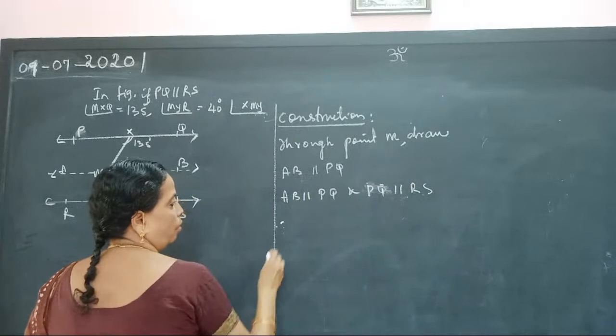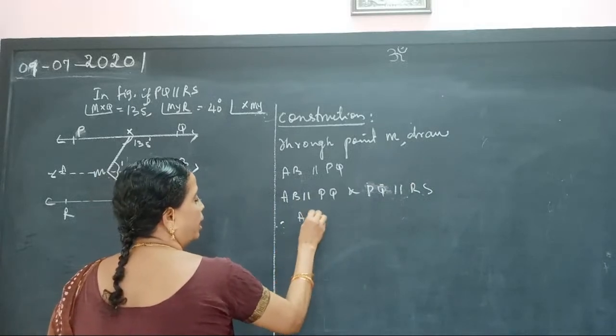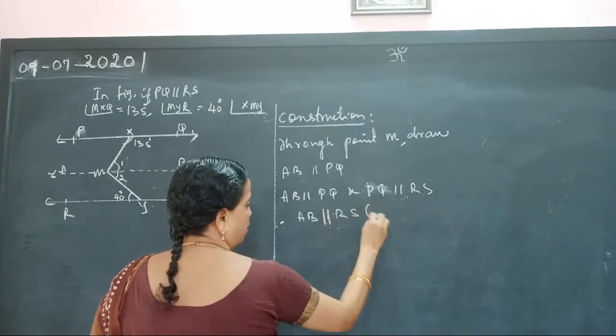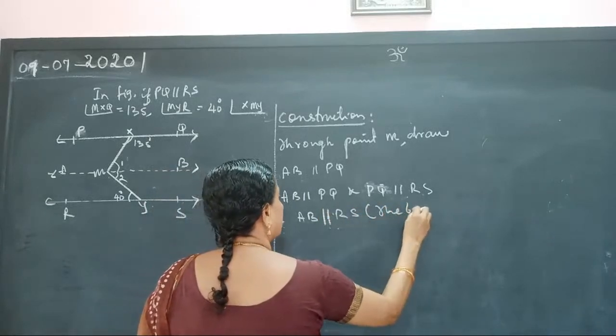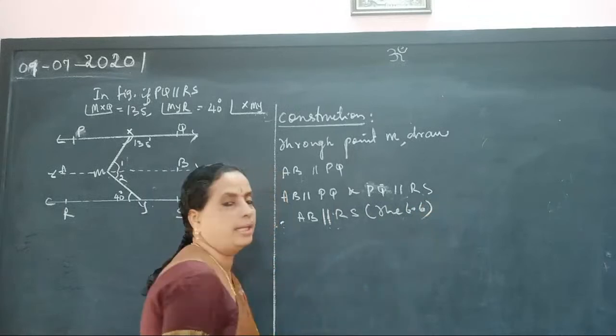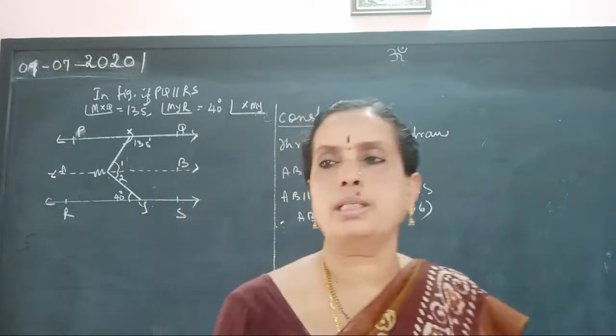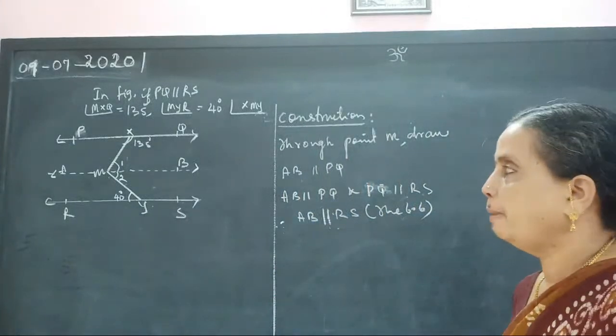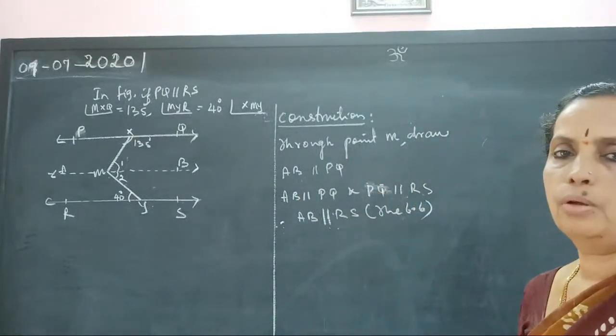Therefore, what can we write? AB parallel to RS. Theorem 6.6: Lines which are parallel to the same line are parallel to each other. AB parallel to PQ.